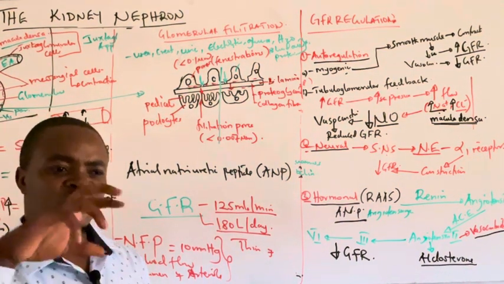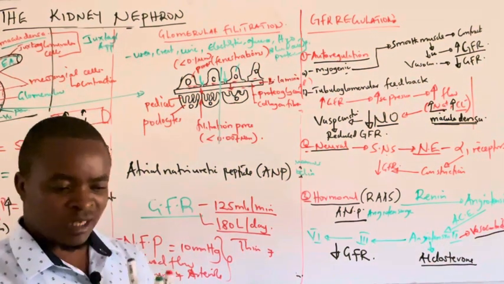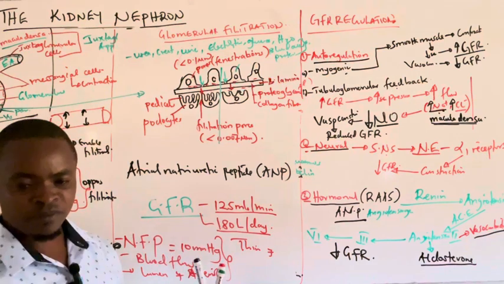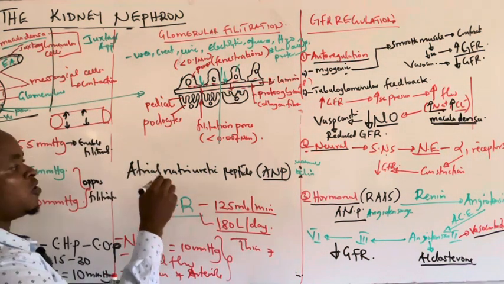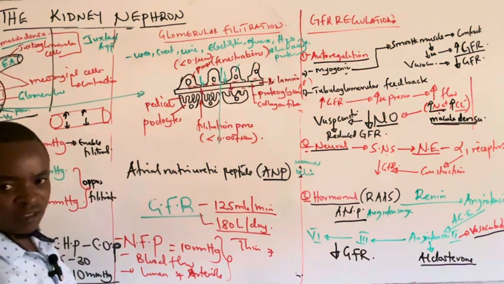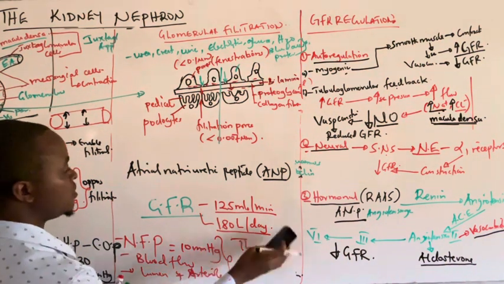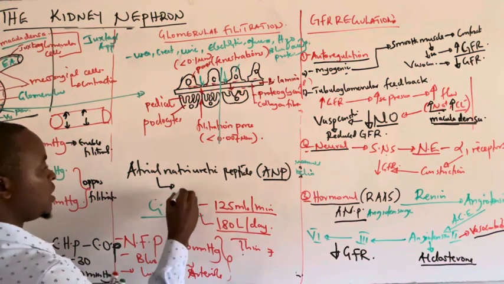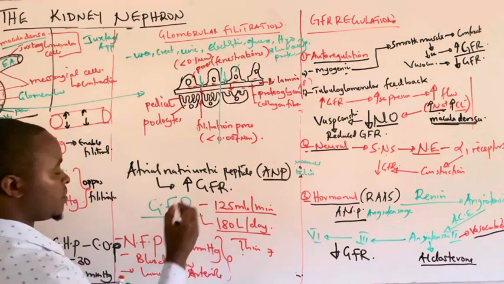And whenever there is increased blood volume in the heart, the stretching of the atrium causes production of ANP, what we are calling atrionatriuretic peptide. And this peptide comes into the kidney and causes an increase in GFR.